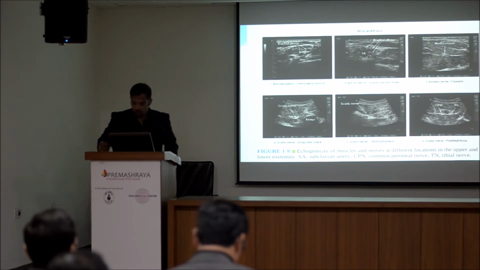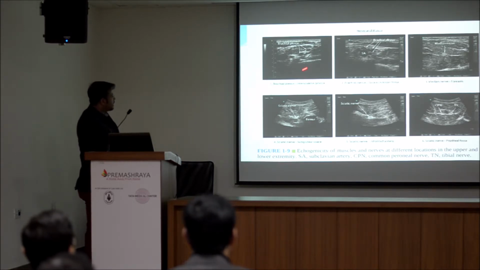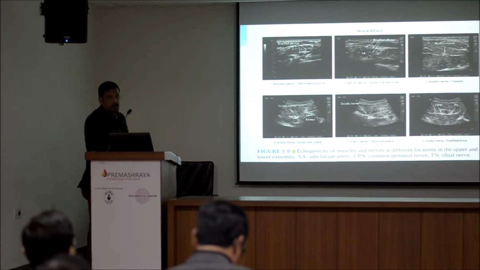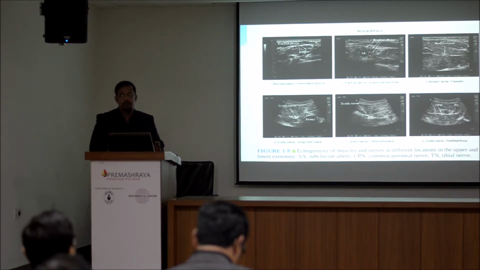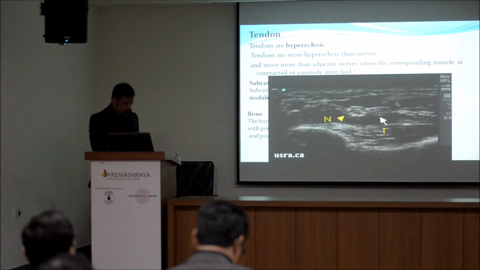This is the brachial plexus in the interscalene groove. You can see the nerves are hypoechoic, but the median nerve is hyperechoic. So above the clavicle, it's always hypoechoic. Below the clavicle, it's hyperechoic. Tendons are hyperechoic.